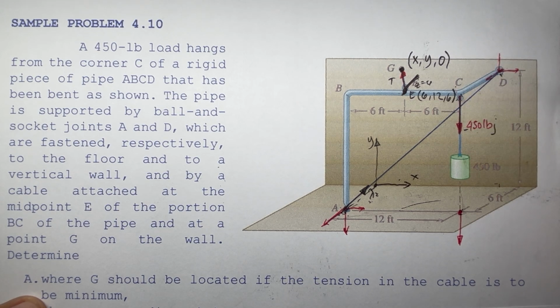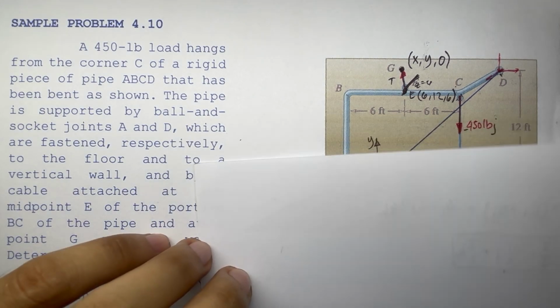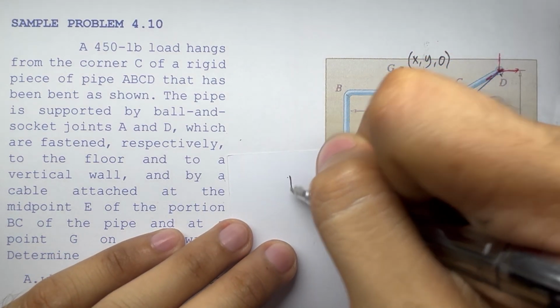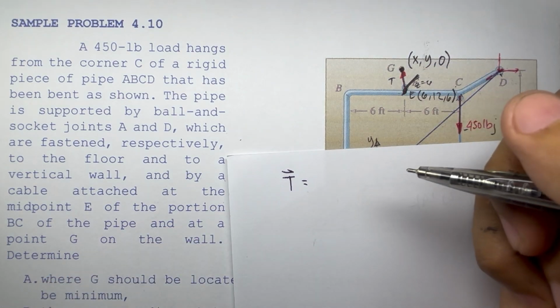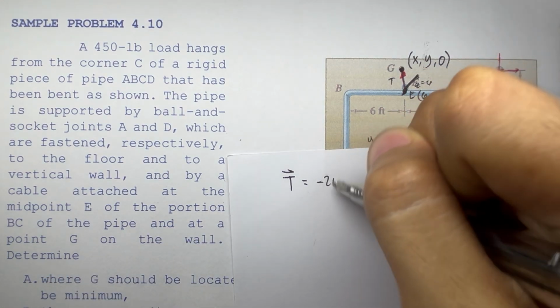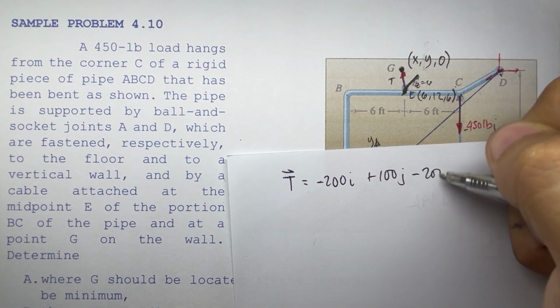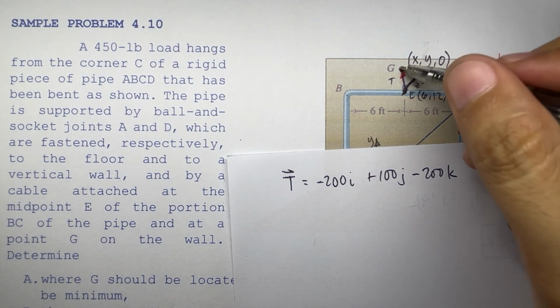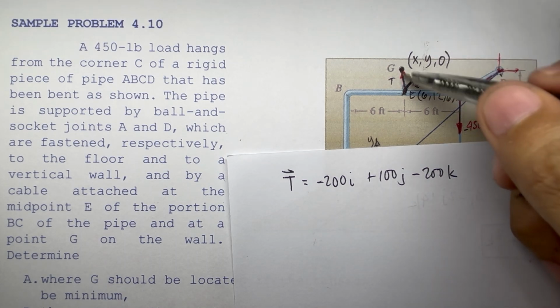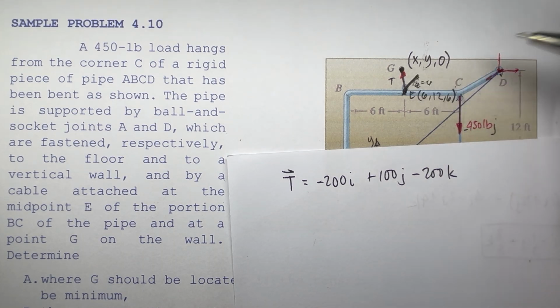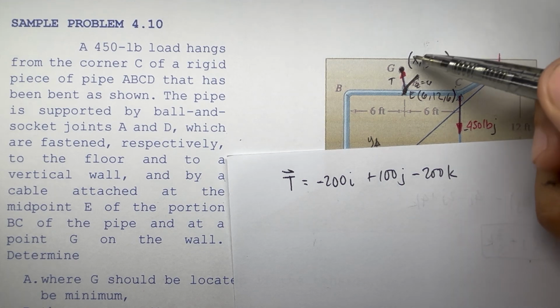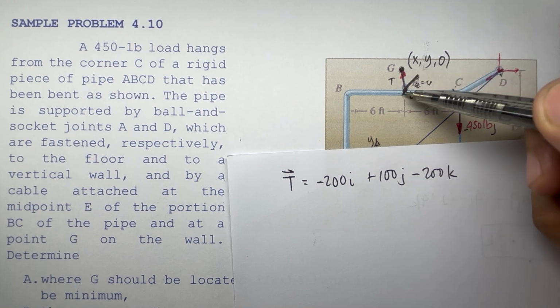Since our force, tension, that is equal to negative 200i plus 100j minus 200k, is proportional to the length of our cable here, taking the proportions, we have G as point 2 and E as point 1.